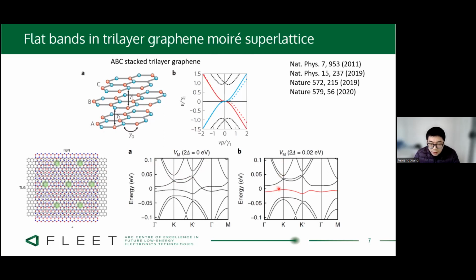The original band crossing point at zero energy is also opened, and there will be a very flat band on the hole side.